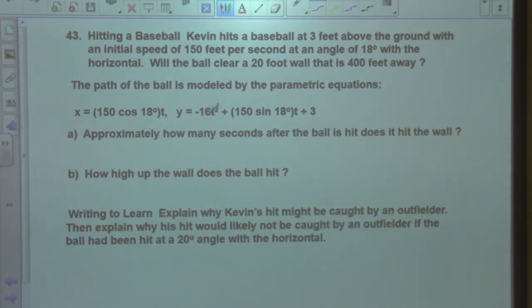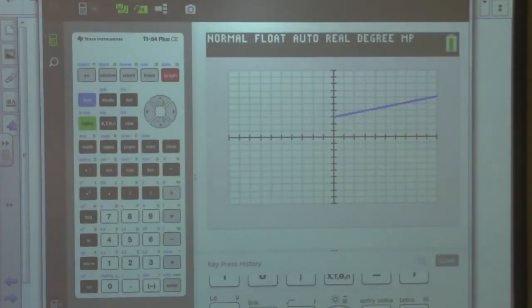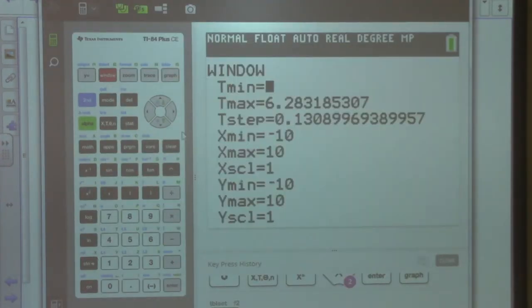We see a wall that's 400 feet away, so that's going to help us figure out what's going on. We come back here and go to window, and we have T max of 2 pi, so that's about 6 seconds.